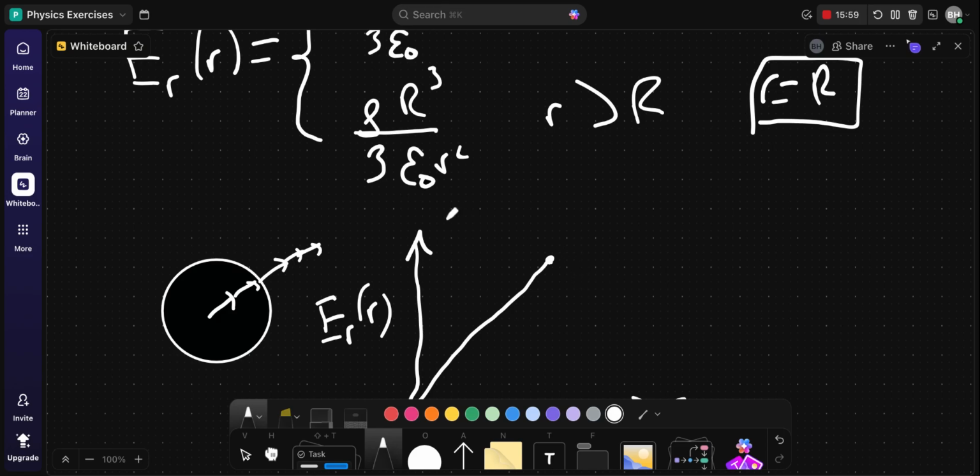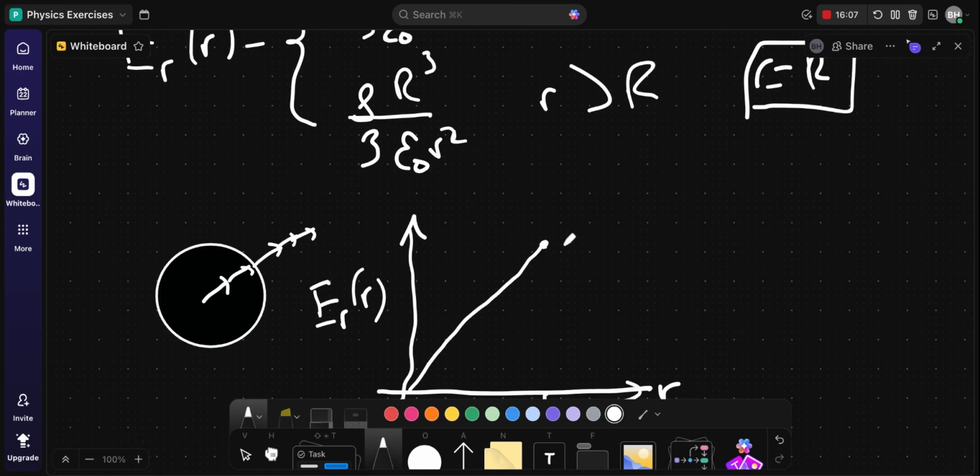Outside the sphere, it goes as 1 over r squared, right? So it's actually proportional to 1 over r squared. So something like this. Here it goes as r, and here it goes as 1 over r squared.